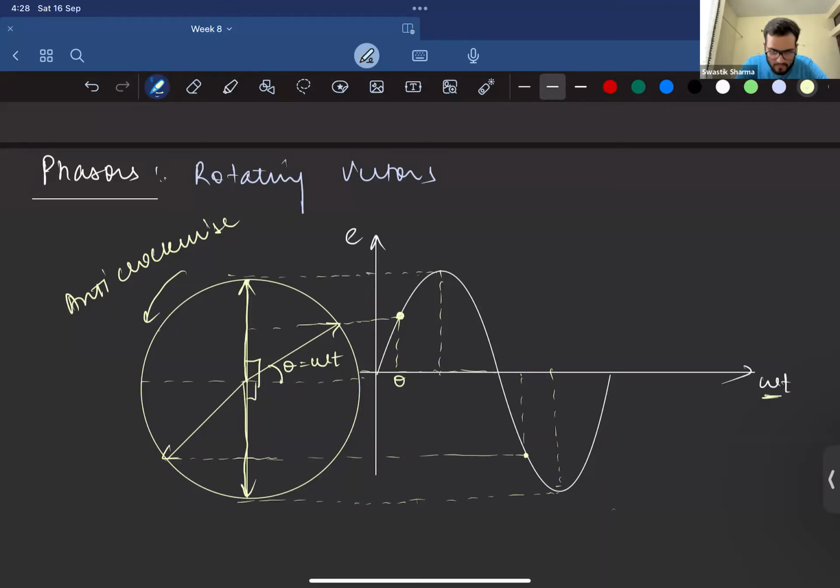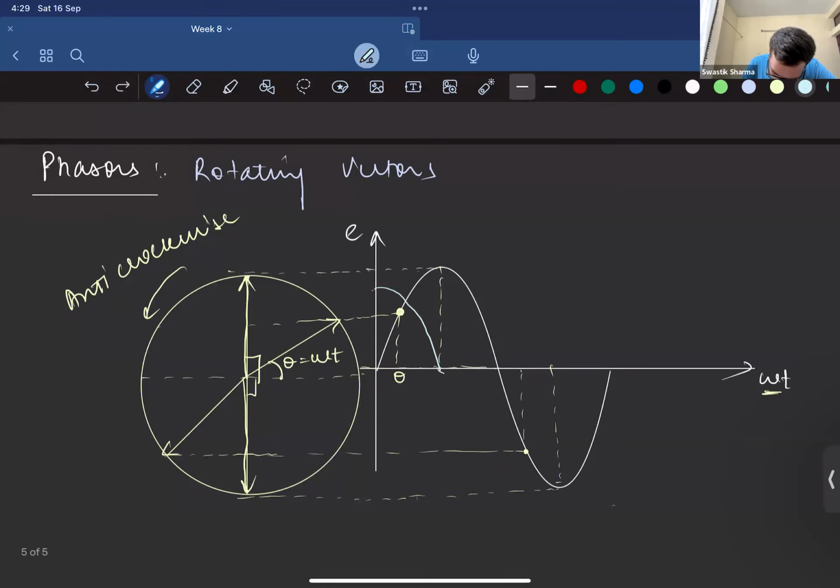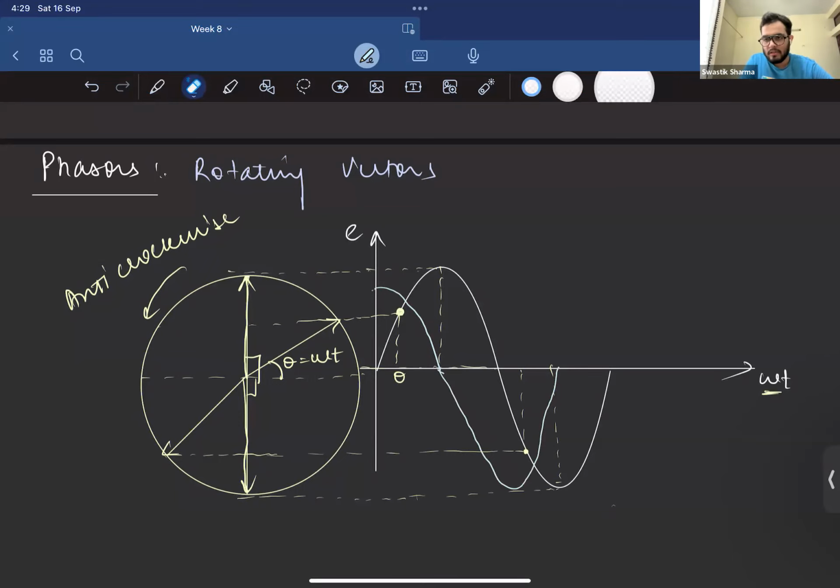So in Sir's notes, you can find it; it would take a very long time if I start discussing how leading and lagging would come into the picture. But if you can draw a similar waveform which is leading, let's say, this voltage, you'll see that the same effect could be shown over here, how the two values are leading or lagging each other.